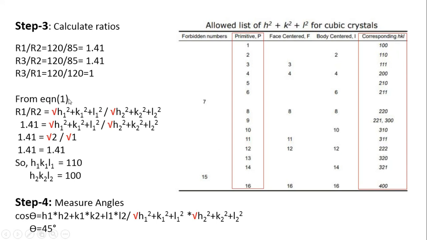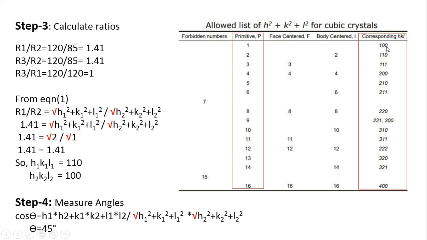As we know from equation 1, R1 by R2 equals this. So in this, for h1 k1 l1 and h2 k2 l2, we will select some HKL values from this chart to satisfy this 1.41 ratio. This is a hit and trial method, so you can start from the beginning.